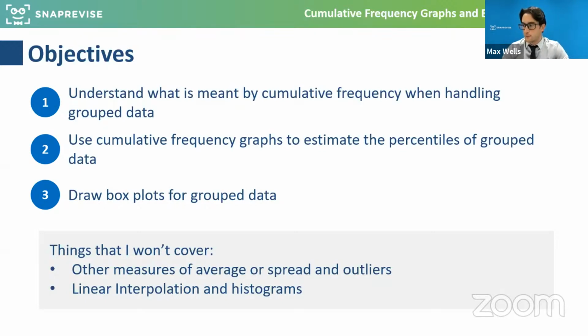Do let me know if this is something you've seen. Hopefully those of you that have started the statistics side of the A-level course have seen this. We're not going to specifically go into linear interpolation today, although interpolation is a skill that goes hand in hand with this topic. So let me know if it's new to you or if you've covered it before. Otherwise we'll get cracking straight away.